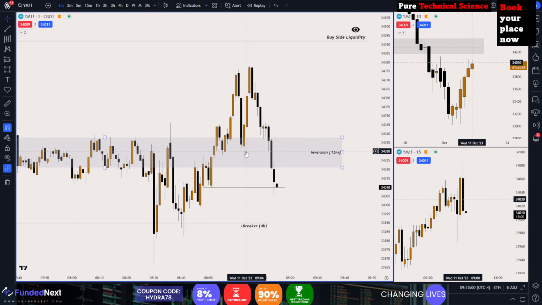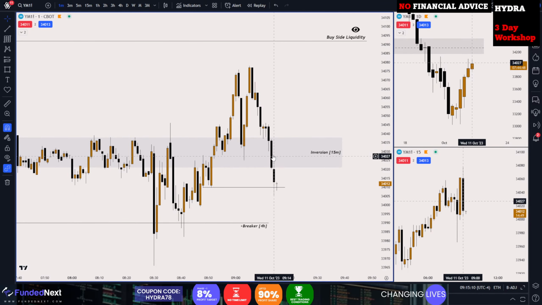So if I was holding no bias today and there was no FOMC setup, I would execute here as price retested this low or left this fair value gap unfilled. I'll wait for price to come back here and see how price reacts inside this fair value gap. Why is this fair value gap so significant?